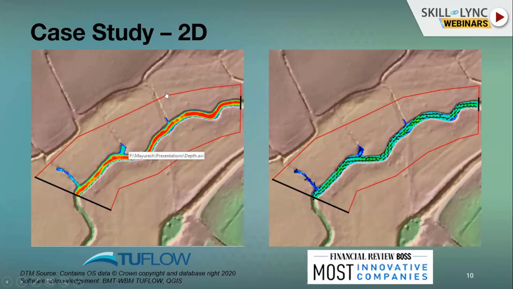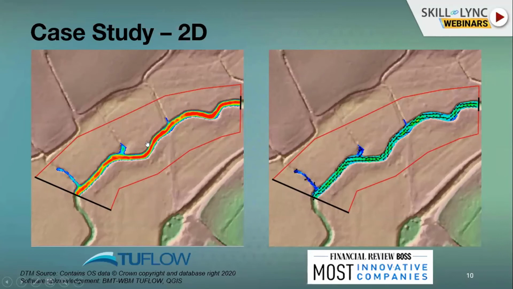This was built in TUFLOW, and TUFLOW requires a code area, which is in red. Geometry comes from the ground model; the colorful part is the ground model. The black line is my upstream boundary condition, wherein I applied flows. And this is my downstream boundary condition, where I applied normal depth.